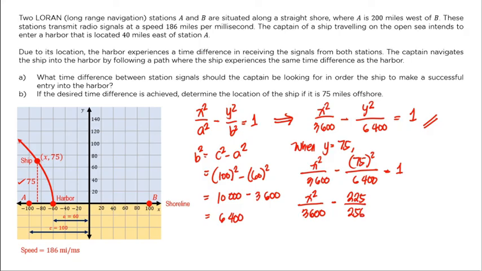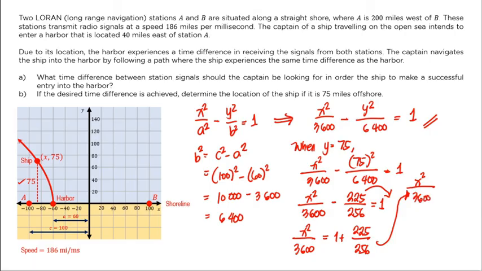This is now in lowest terms. Equal to 1. Okay? So from that, solving for x, lipat natin to sa kabila. Okay? So we will now have x squared over 3,600 equal to 1 plus 225 over 256. And this will become x squared over 3,600 equal to 481 over 256. Okay, 1 plus 225 over 256 is 481 over 256.